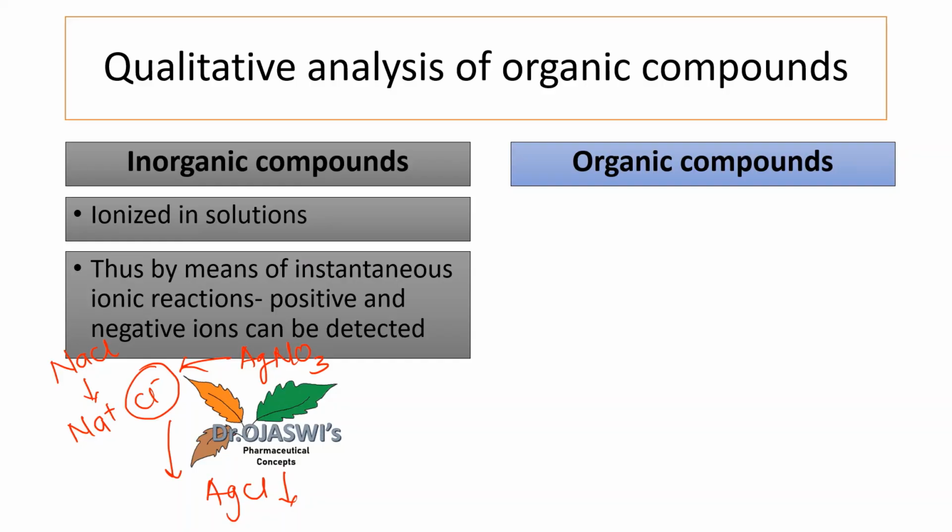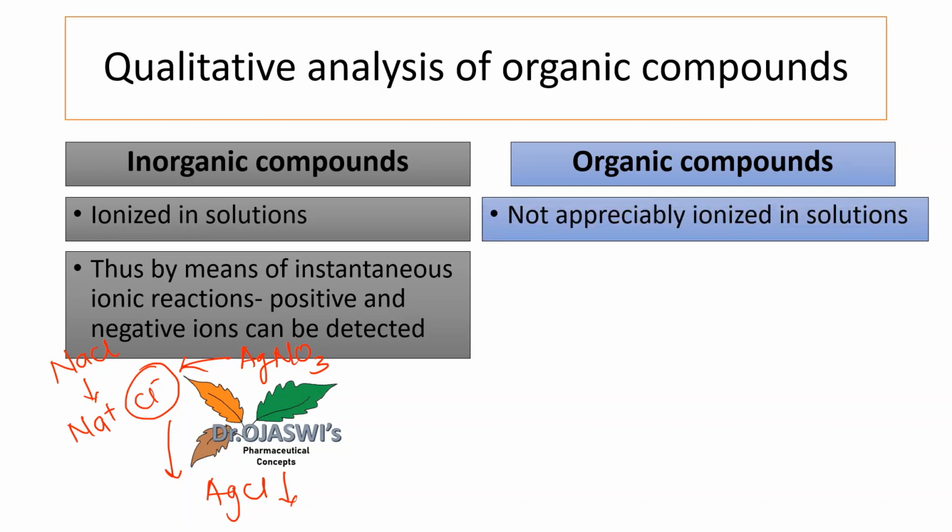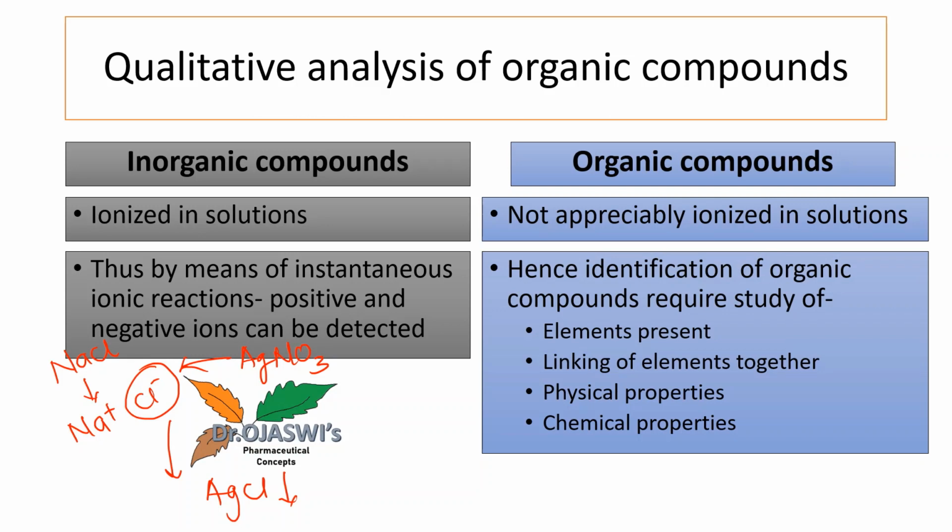Now coming to the organic compounds which we have to learn in semester 2, these are not appreciably ionized in solutions. I mean, not all organic compounds are always available in ionized form. Therefore, identification of organic compounds requires study of the elements present in the compound.